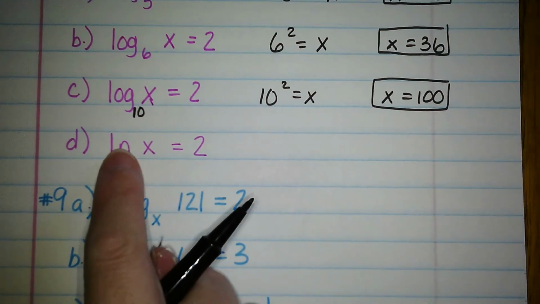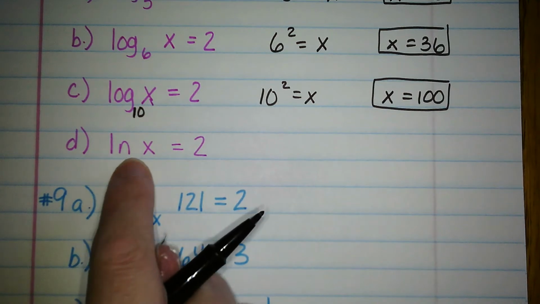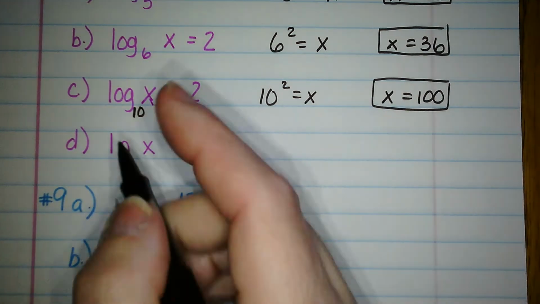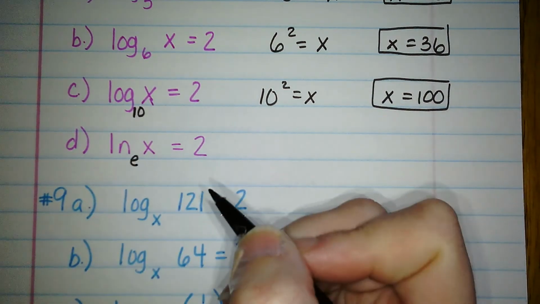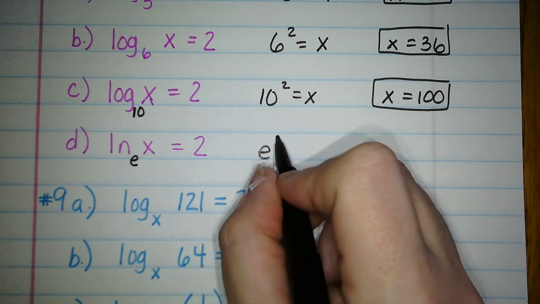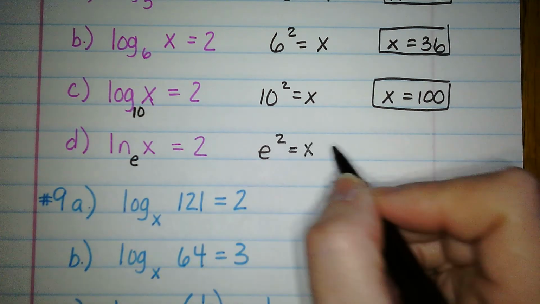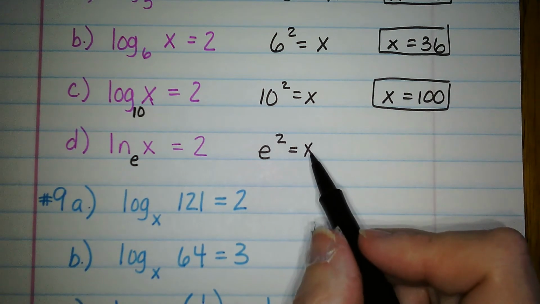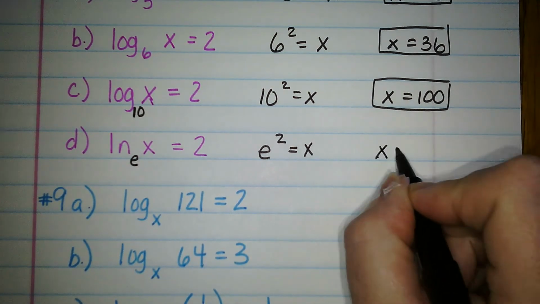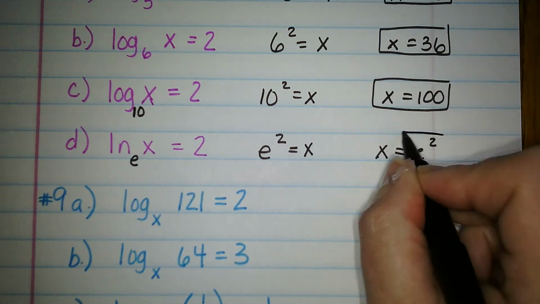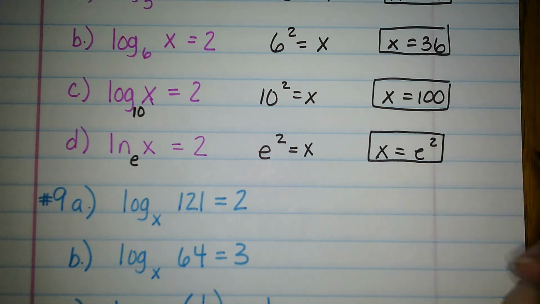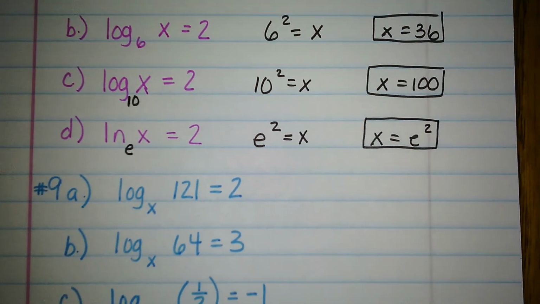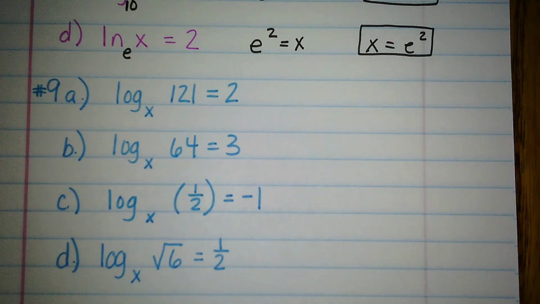And this one, with the natural log, our base of a natural log is always e. So this is e squared equals x, and we're not using a calculator, so it would just be e squared. Done. Let's move on to number 9.